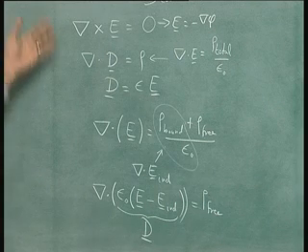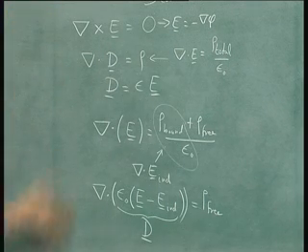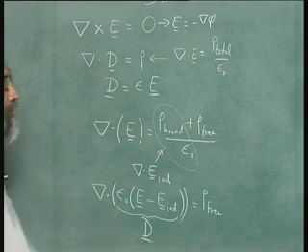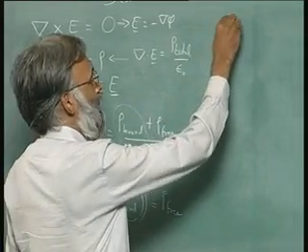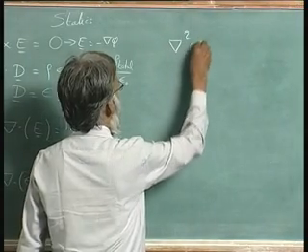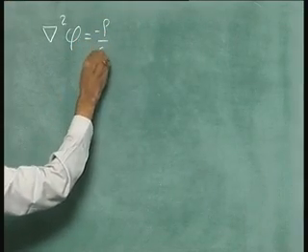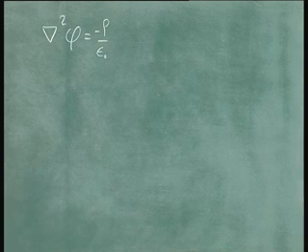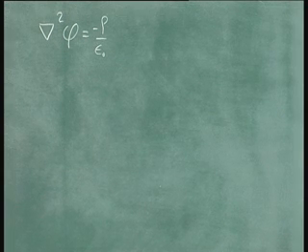So this was statics, and the final achievement of statics was the Poisson equation, which gave us that del squared phi was equal to minus rho over epsilon naught. Now there are some things that I didn't do here because they were purely mathematical in nature.